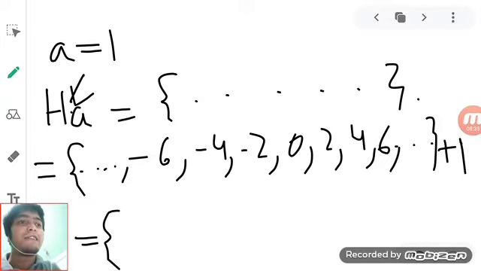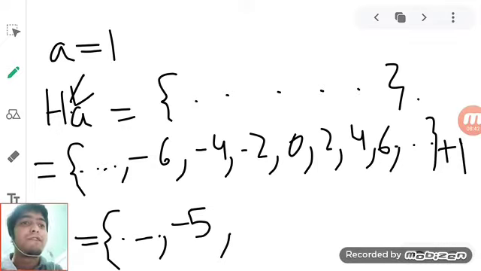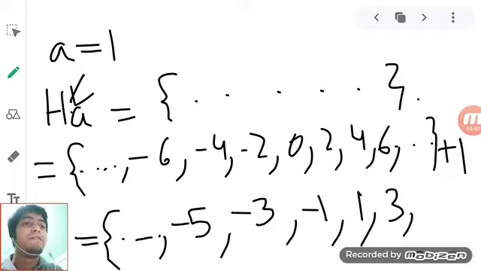Just add all these elements with 1. -6 plus 1 will give you -5. -4 plus 1 will give you -3. -2 plus 1 will give you -1. 0 plus 1 is 1, then 3, 5, 7, and so on. So you will get these elements.